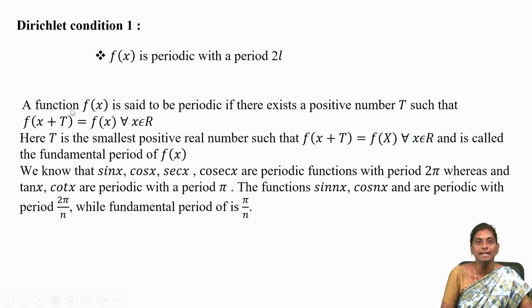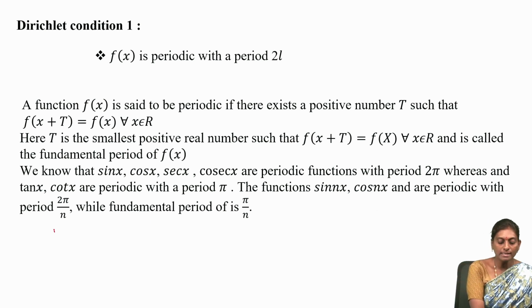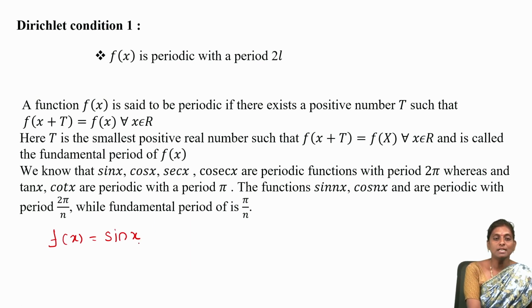If this condition is satisfied, then f of x is a periodic function, and if this T is the smallest positive real number, then it is called the fundamental period of f of x. For example, here I consider the function f of x equals sin x. Sin x is my function. So now check whether it is a periodic function or not.